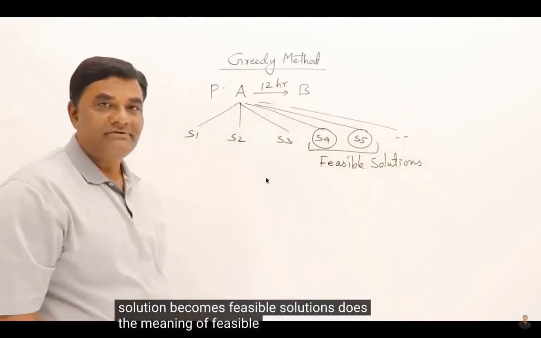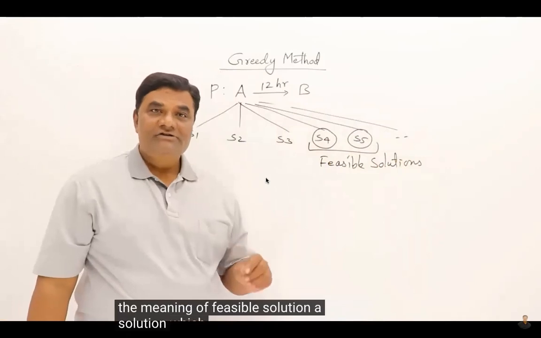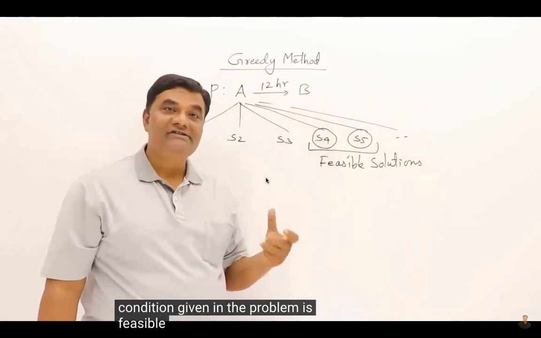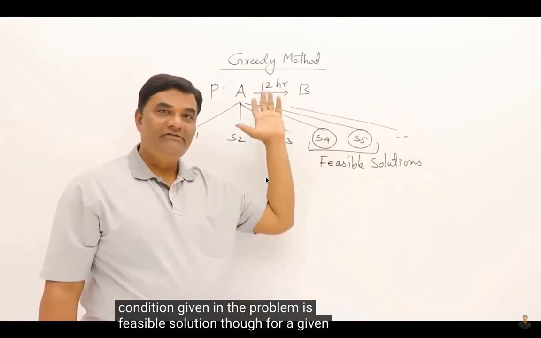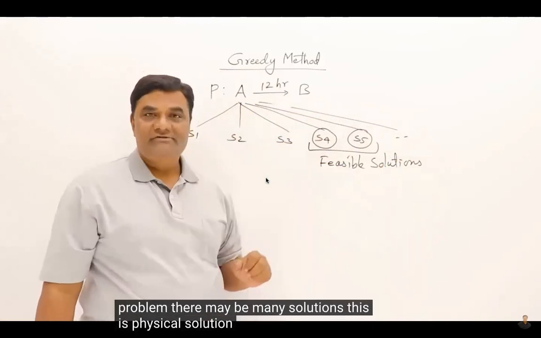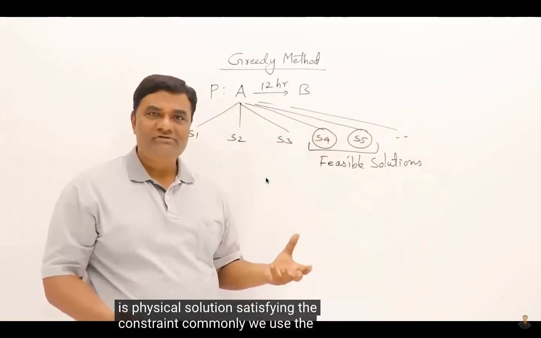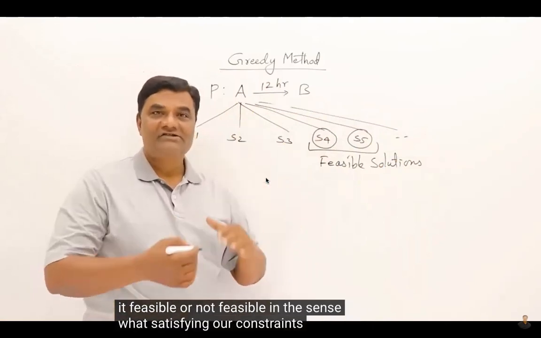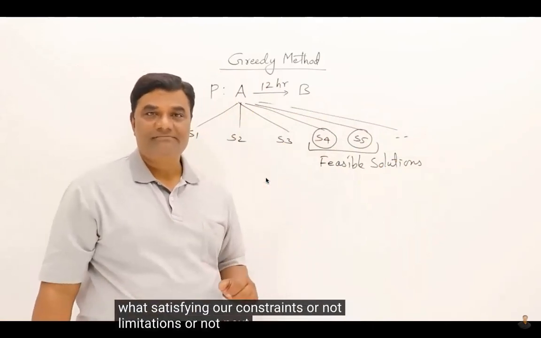That's the meaning of feasible solution. A solution which is satisfying the condition given in the problem is a feasible solution, though for a given problem there may be many solutions. Commonly we use the term, is it feasible or not? Feasible in the sense what? Satisfying our constraints or limitations or not.